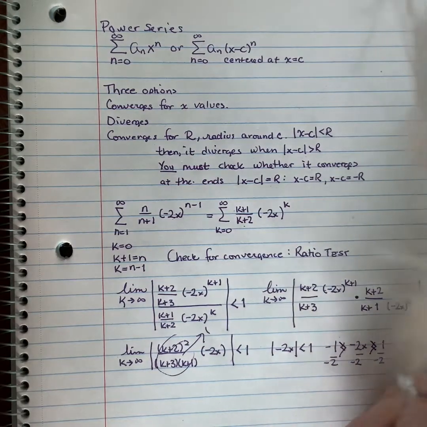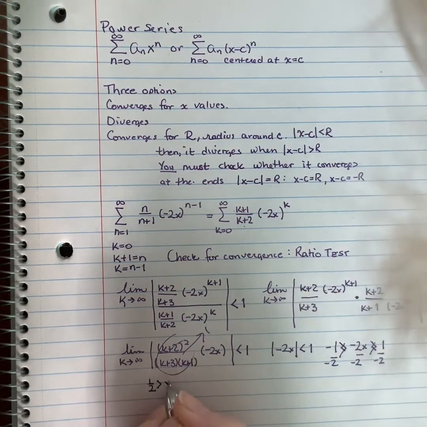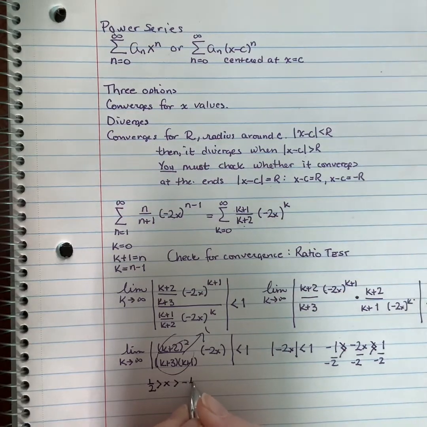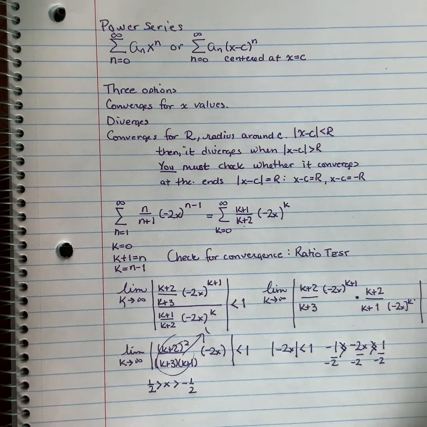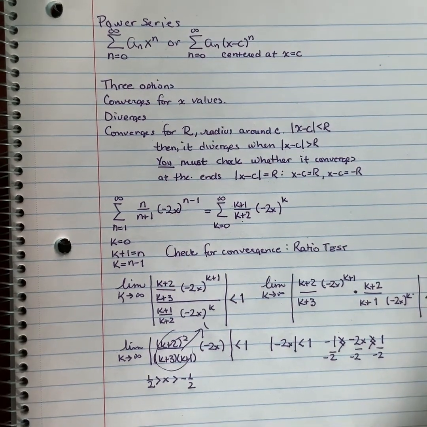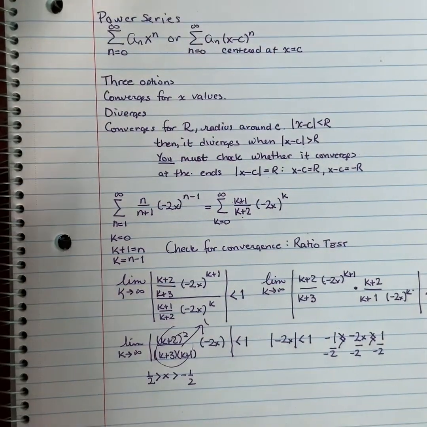So we end up with 1/2 is greater than x is greater than minus 1/2. So that's our interval of convergence. Now we've got a little bit more to do with this because we have got to find what happens at the endpoints.